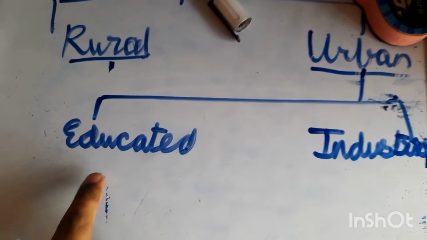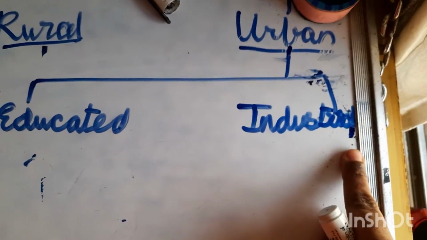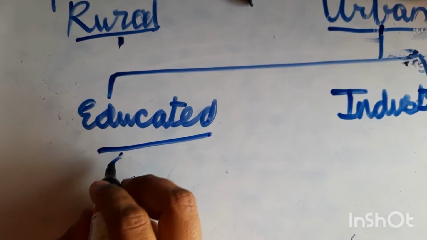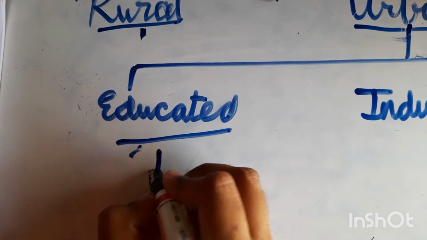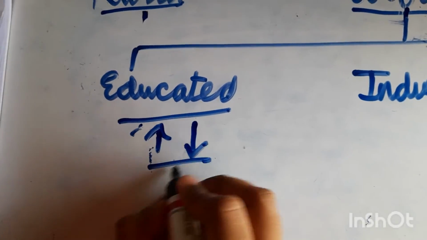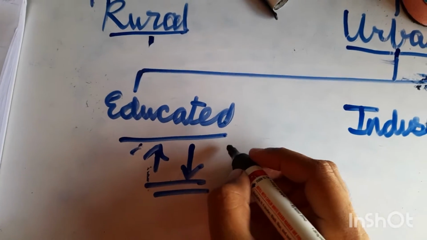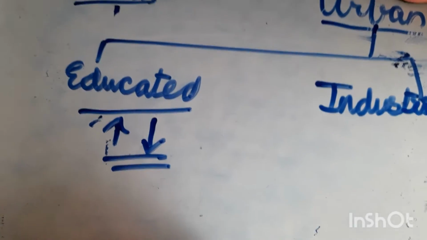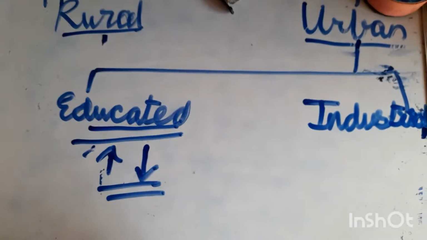Urban unemployment is classified into educated and industrial unemployment. Educated unemployment: educated people prefer white collar jobs. But there is a lack of white collar jobs in India, and educated people are not as willing to do blue collar jobs, therefore they remain unemployed.